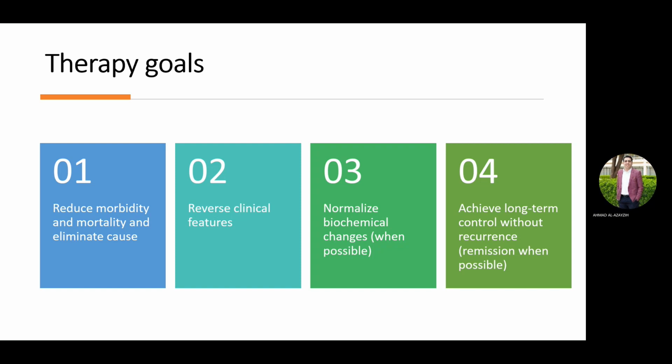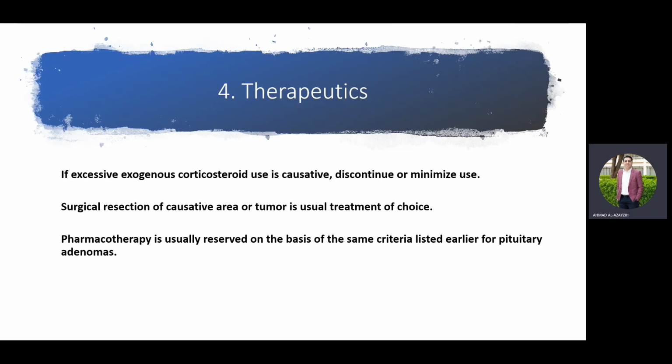Therapy goals: reduce mortality, normalize biochemical changes, and improve the patient's quality of life. If the reason was exogenous corticosteroid administration, then you have to discontinue or minimize it and taper to avoid hypothalamic-pituitary-adrenal axis suppression.